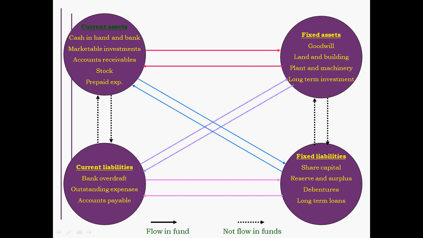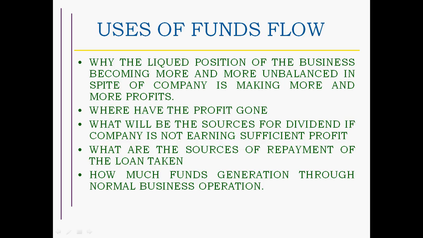In the flow of funds, current assets and current liabilities are flowing. The fixed assets and fixed liabilities are also flowing, but in a reverse manner; fixed assets and fixed liabilities are linked to each other, and fixed assets and current liabilities are linked to each other.